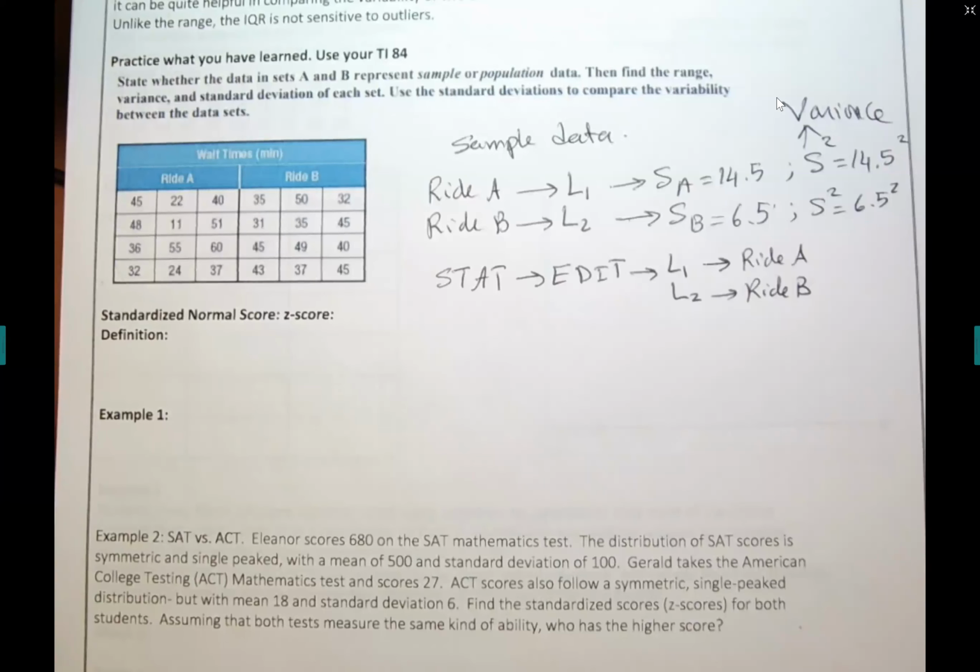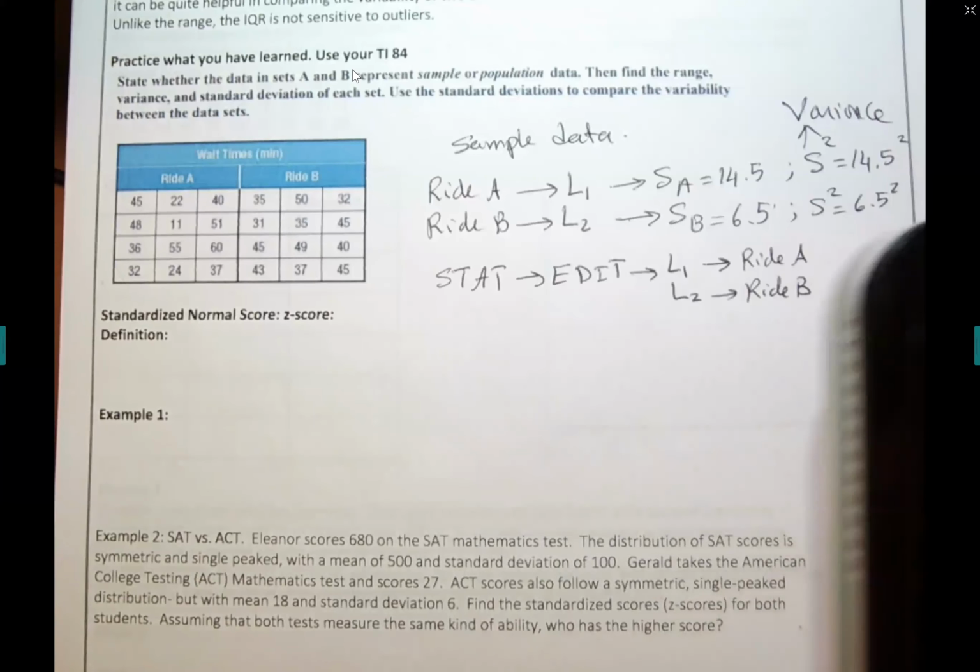I have a question. When you plug in ride A and ride B into the calculator, for L1 and L2, shouldn't they be separated? Because you put all the numbers at once. Oh, yeah, they should be separated. I made a mistake. You're right, 100%. So I put ride A by itself in L1 and ride B in L2. Yes, I made a mistake and then I fixed it.